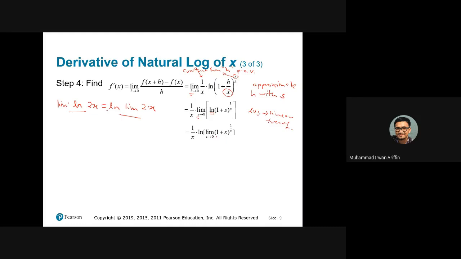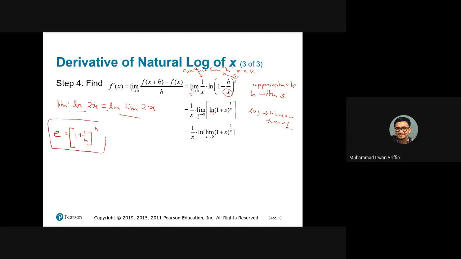So what happens as s goes to 0? Now this seems to be similar to our definition of E, isn't it? What was E previously? E is 1 plus 1 over n to the power of n, isn't it?